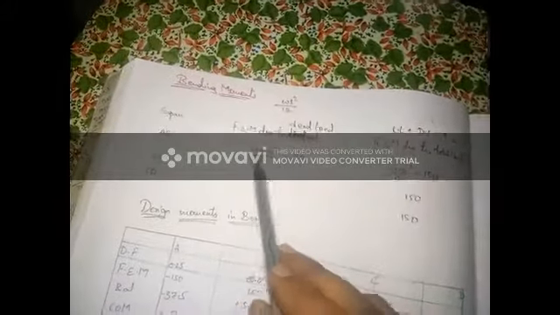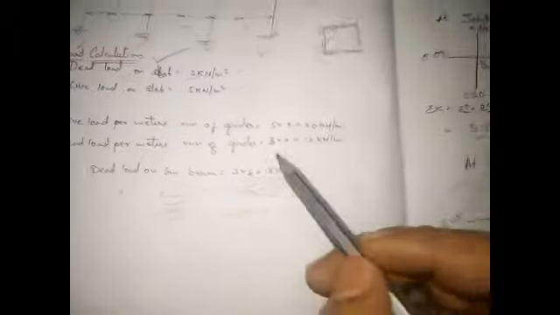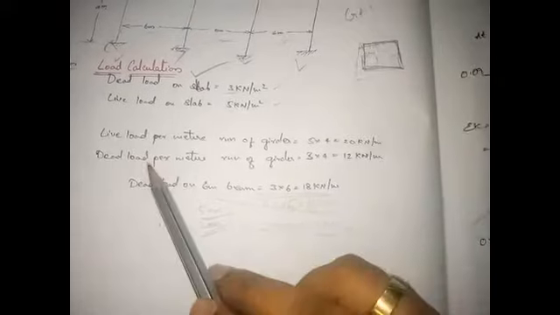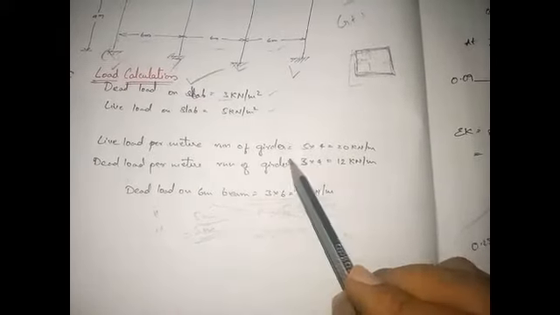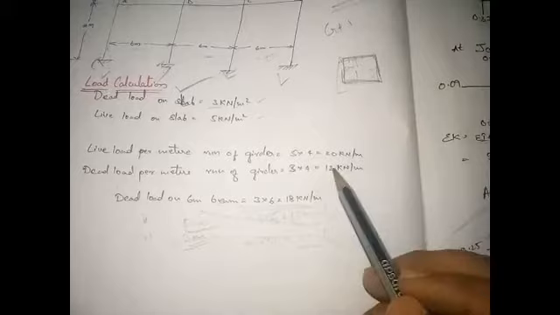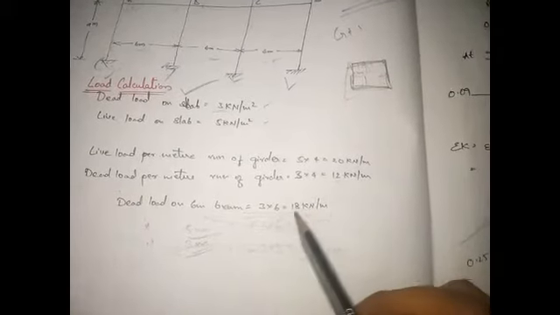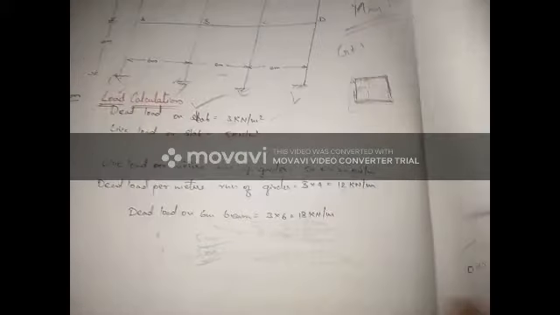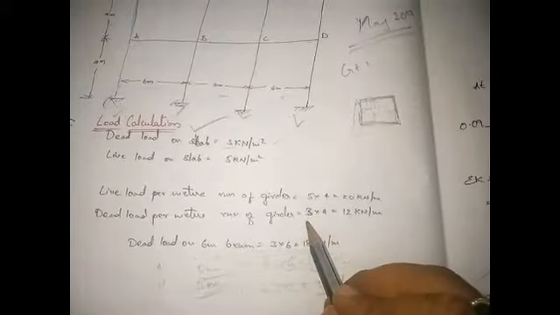Here the load is 30 kilonewtons. At the initial stage itself, we calculated the dead load per unit run of girder as 3 into 4, that is 12, and 18. The sum of these two will be considered as dead load, that is 12 plus 18 is 30 kilonewtons, because this is per meter run of girder.